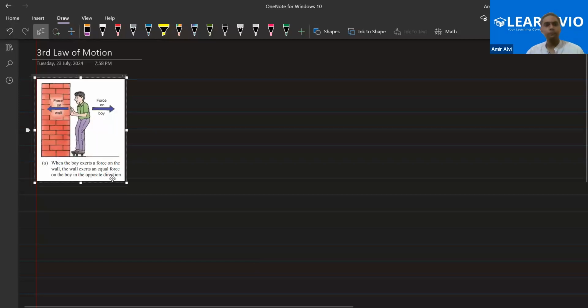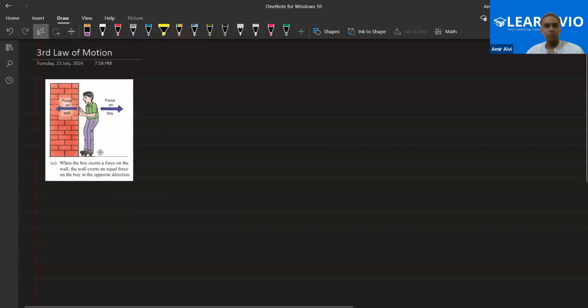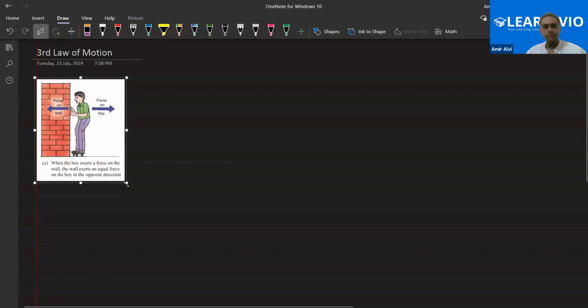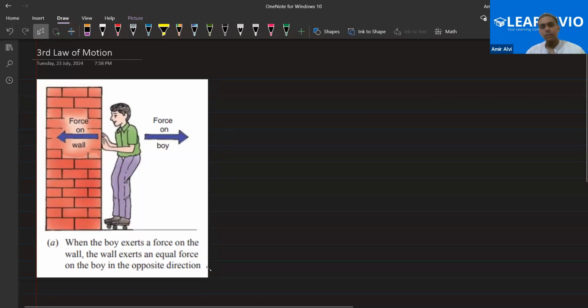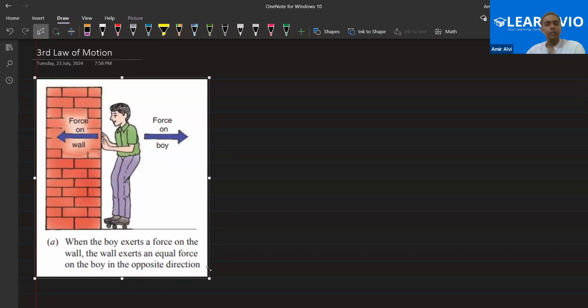You can see that in the picture, if a boy is pushing or applying a force on the wall, the wall will also exert the same amount of force on the boy. Basically, we have so many real life examples, but they are a little bit offensive, so I just don't want to use them. But you got my point, what I'm trying to say.